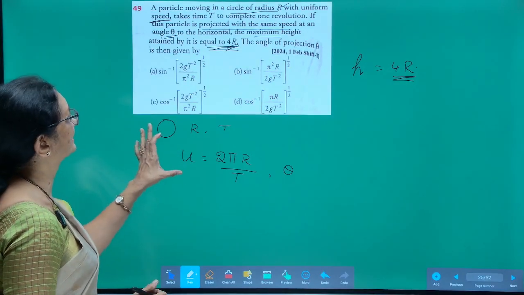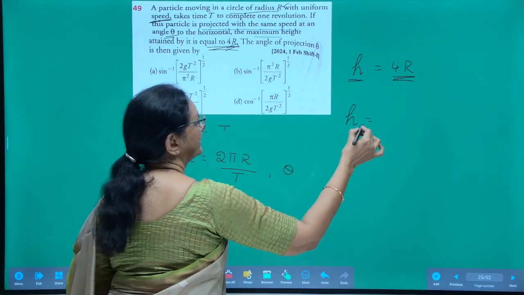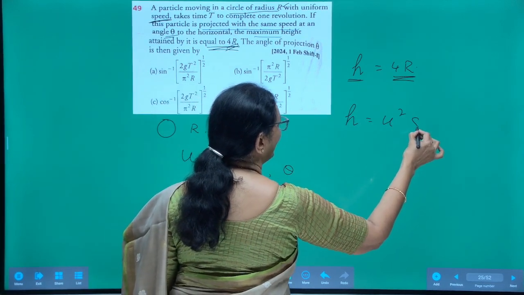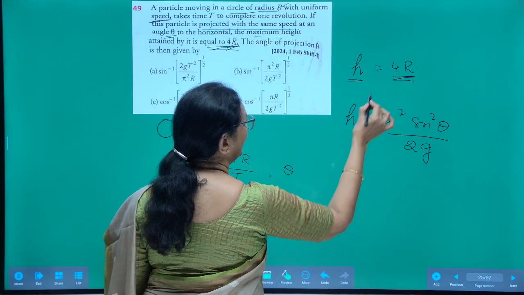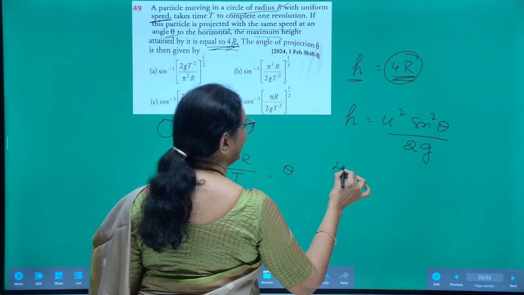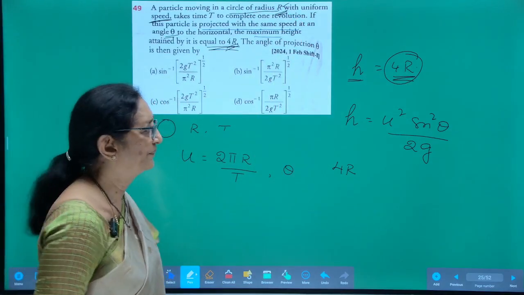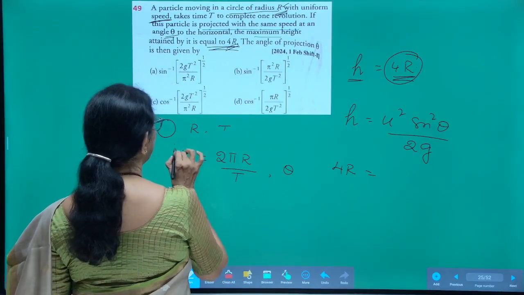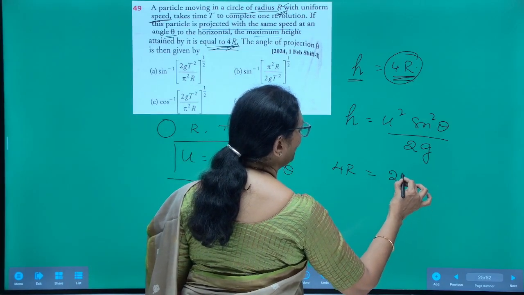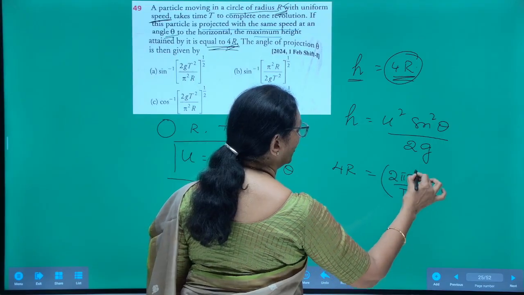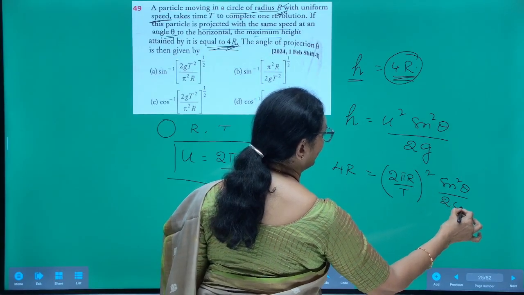So, what is the expression for maximum height reached by a projectile? U square sin square theta by 2g. So, here maximum height is given as 4 times the radius of the circular path given. This is equal to, u is found to be 2 pi r by t, so u square is 2 pi r by t whole square into sin square theta by 2g, right?